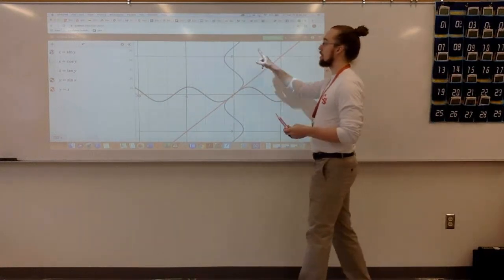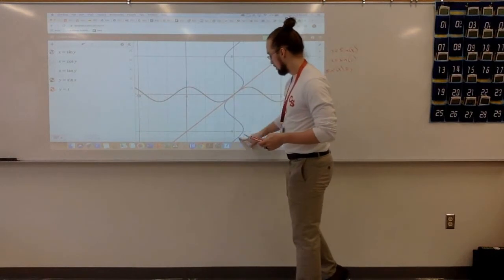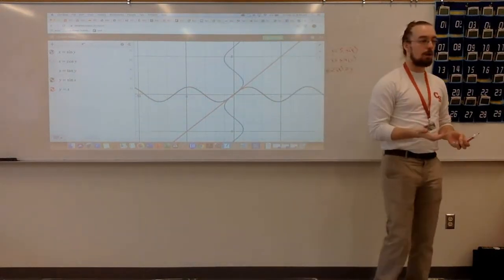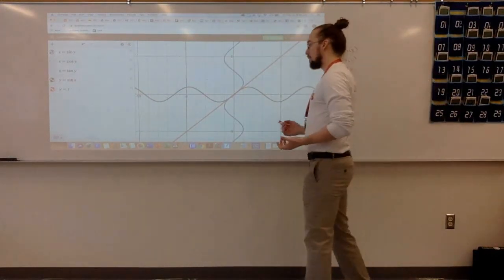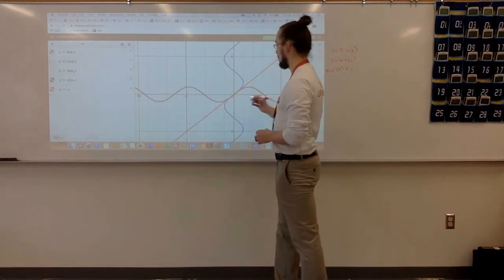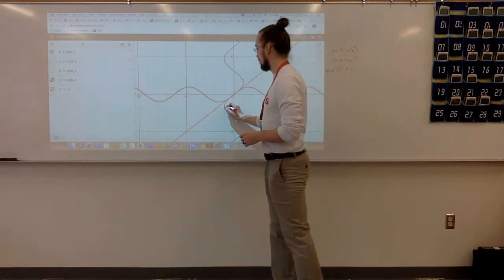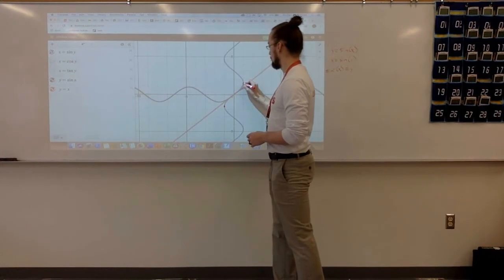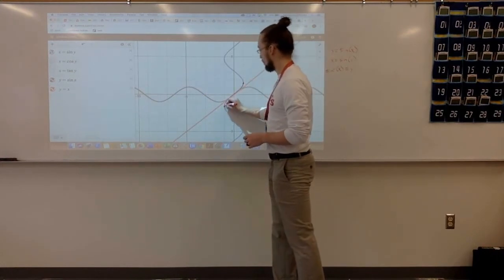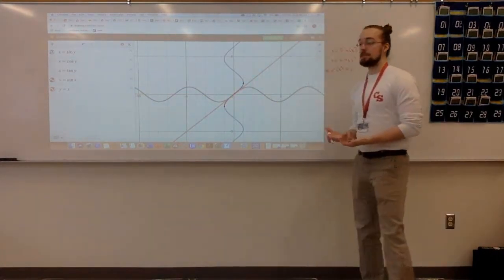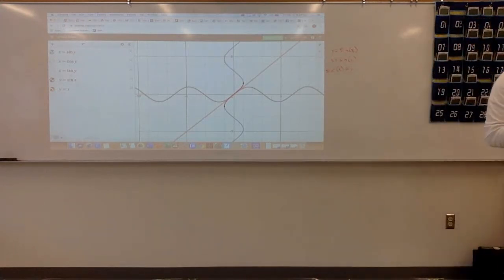So instead of taking this entire inverse sine curve on the y-axis here, we say that inverse sine is only defined on this piece right here. If we just take that piece, then it passes the vertical line test.